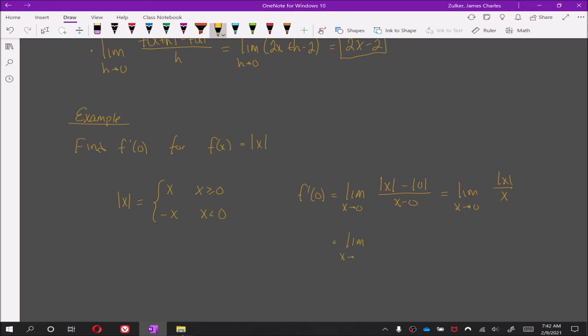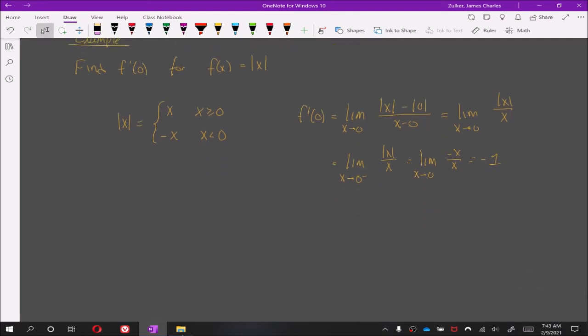First, we look at the left-handed limit. This becomes the limit as x approaches 0 of negative x over x, and that is negative 1. Now we look at the right-handed limit.